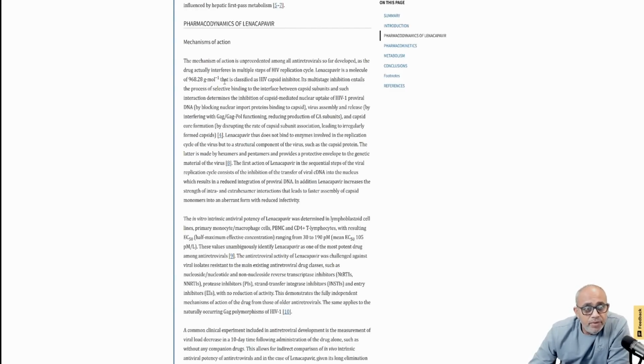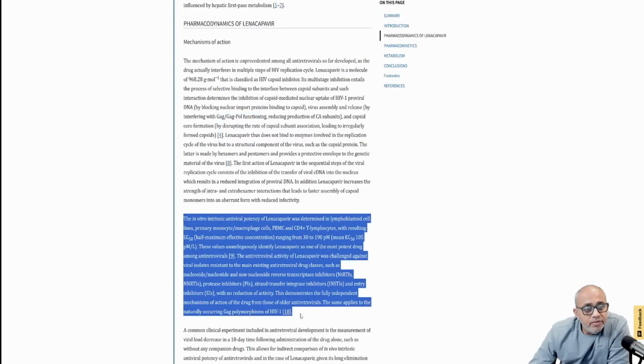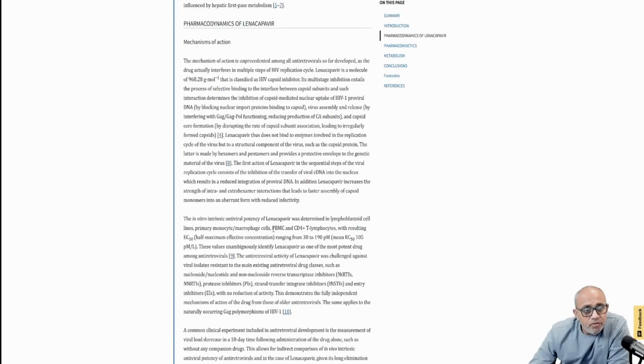It has got some measurement terms and things like CA subunits, GAG/GAG pole functioning, and it also has other information like this entire paragraph which is full of things like PBMC, CD4 plus T cell lymphocytes. Of course, we know CD4 lymphocytes, but PBMC, and then there's a lot of other measurements and NTRIs, etc.